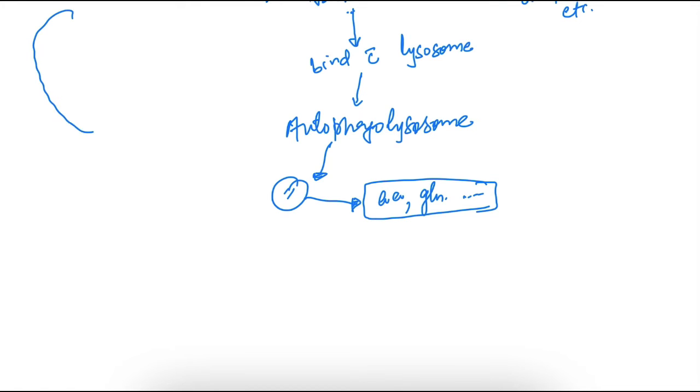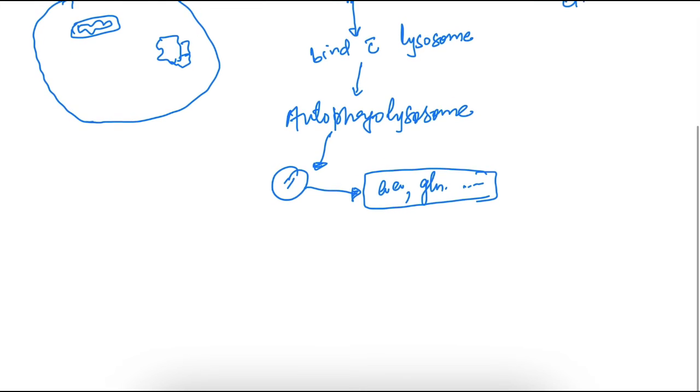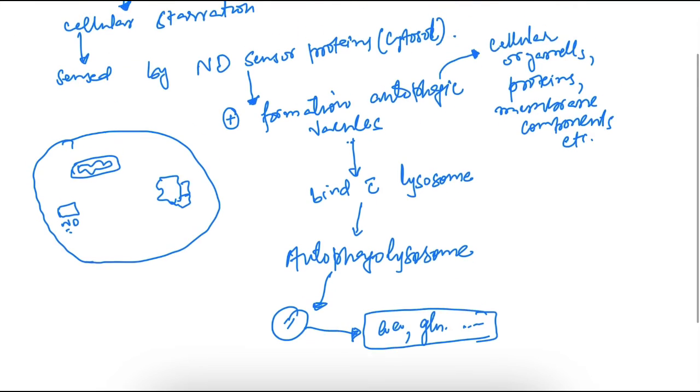Now I will draw a rough diagram for better understanding. So this is the cell, and in the cell we have the mitochondria organelle, and other organelles like the Golgi complex, endoplasmic reticulum, etc. We have this ND sensor protein, the nutrient deprivation sensor, which gets activated.